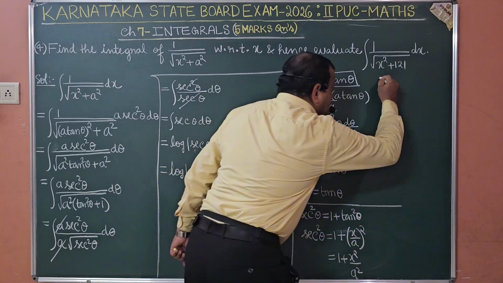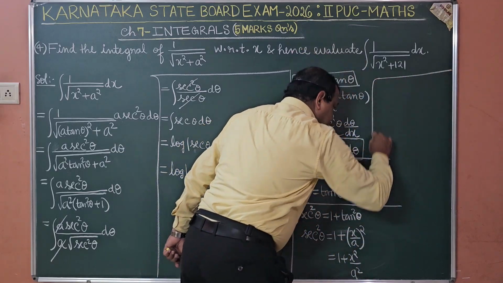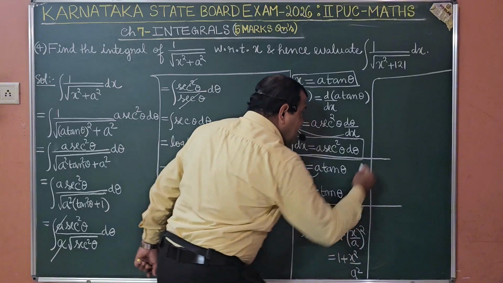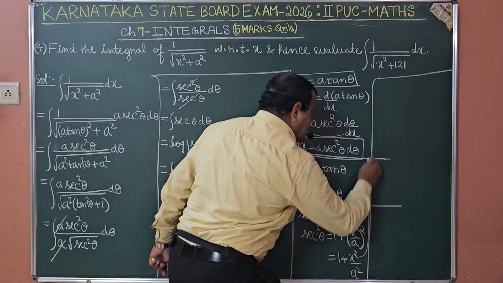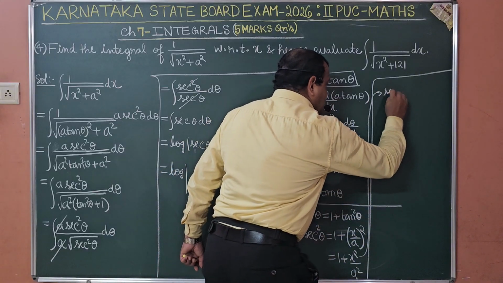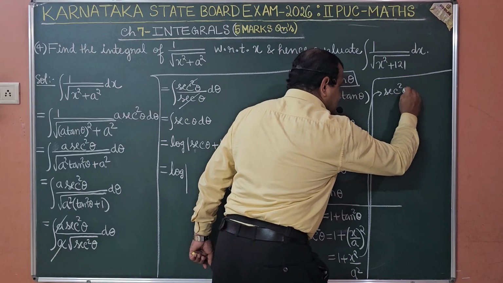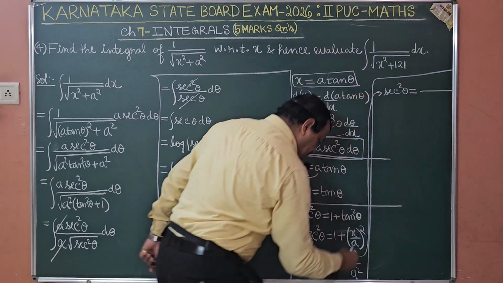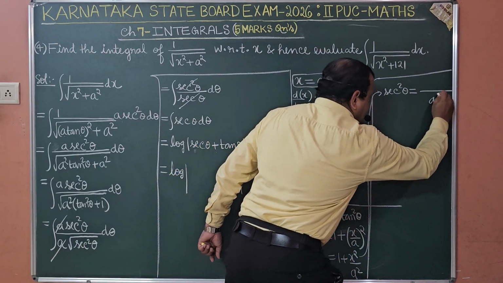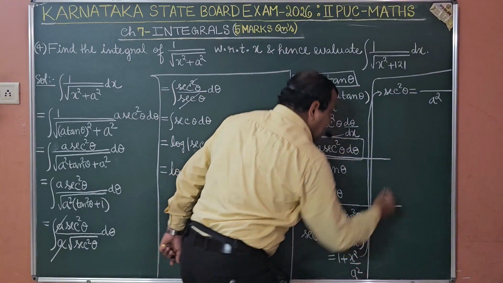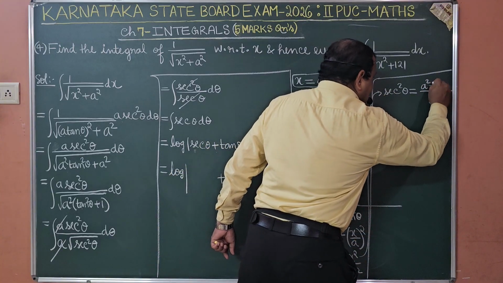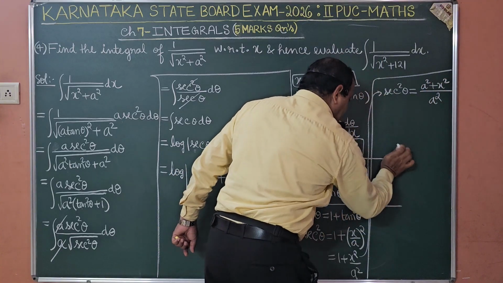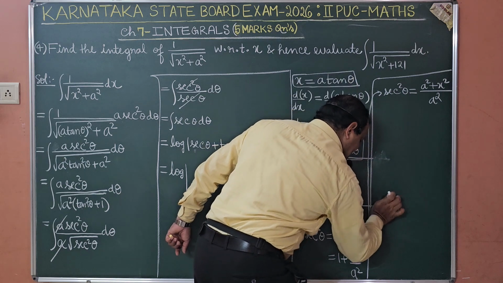Still, I will continue over here. So after this, secant square theta is equal to, taking LCM a square, a square plus x square in the numerator. Then I will go to secant theta.